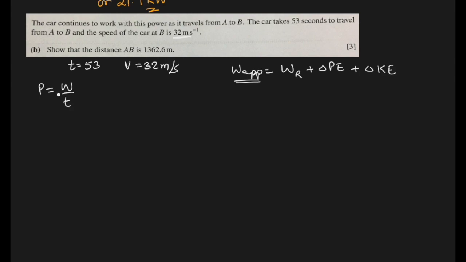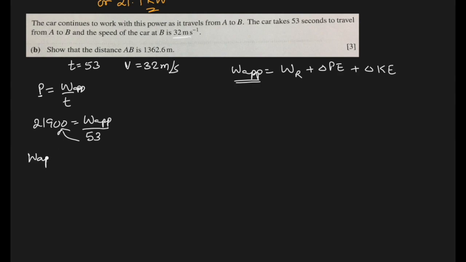The rate at which work is done is called power. So we can find that applied work with the help of this, because we know power, which is 21,900 from part 1, equal to work over 53. So this goes and multiplies here.